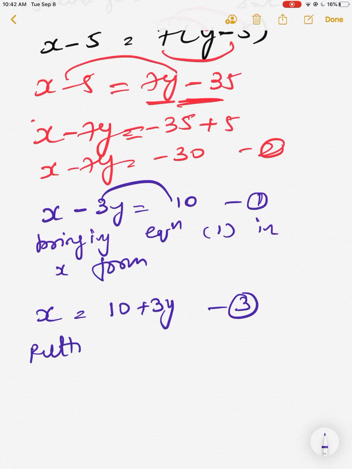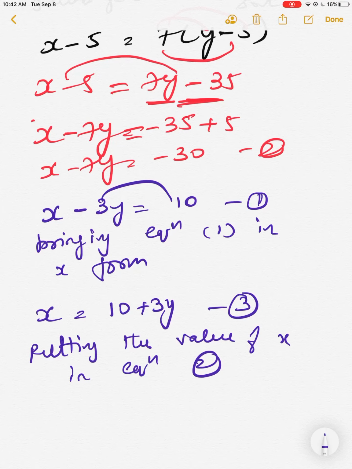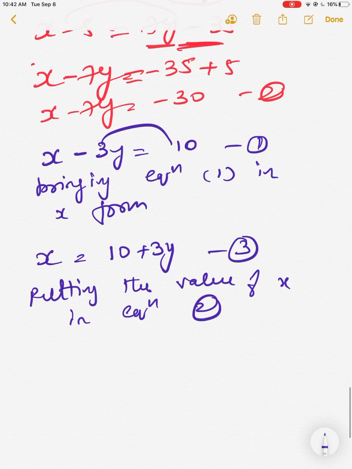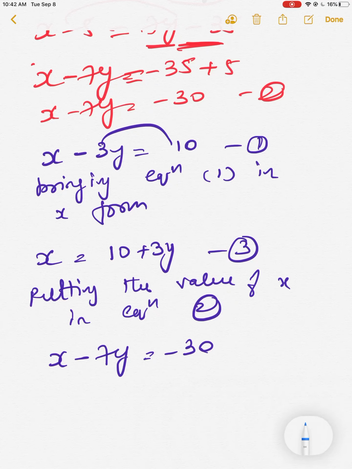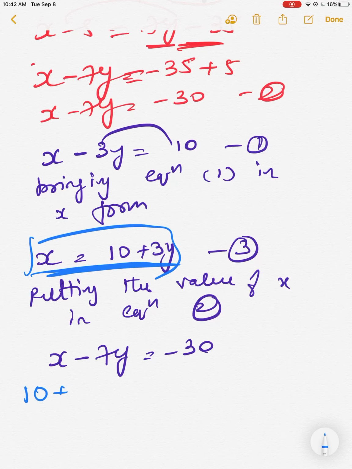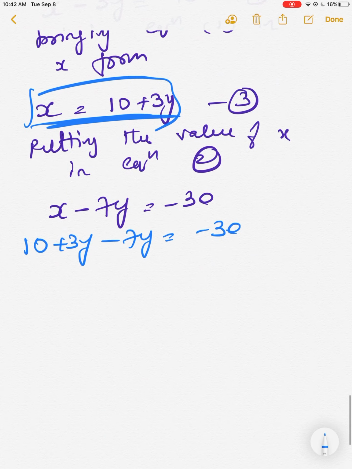So putting the value of x in equation 2, we took the first equation. So what is our second equation? x minus 7y is equal to minus 30. Now, how much is x? x is 10 plus 3y, so in place of x we take 10 plus 3y minus 7y is equal to minus 30.